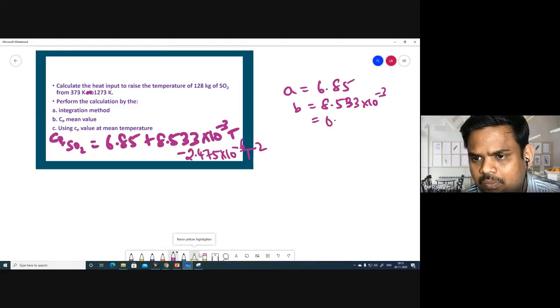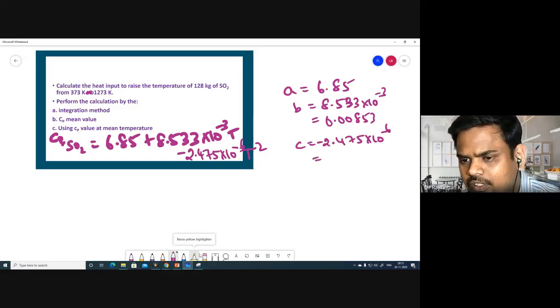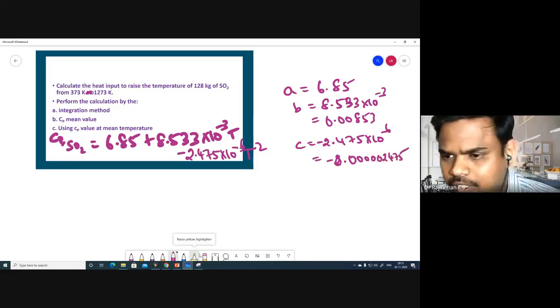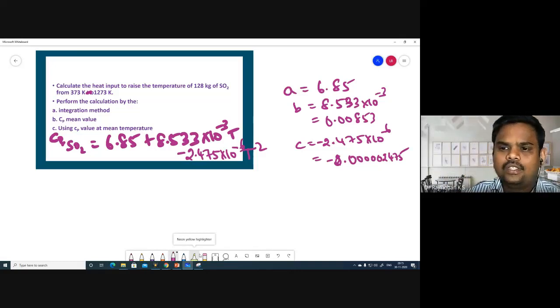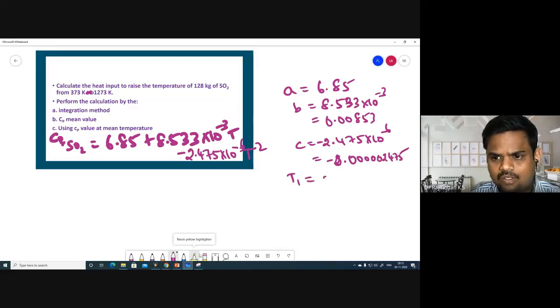For easy substitution, you can write it like 0.00853, and C is equal to minus 2.475 into 10 power minus 6, which for simply substituting we can write as 5 zeros into 2475, so that I can use the normal calculator. Okay, we have the ABC values, and we have the T1 value. What is T1? 373 Kelvin. What is T2? 1273 Kelvin.